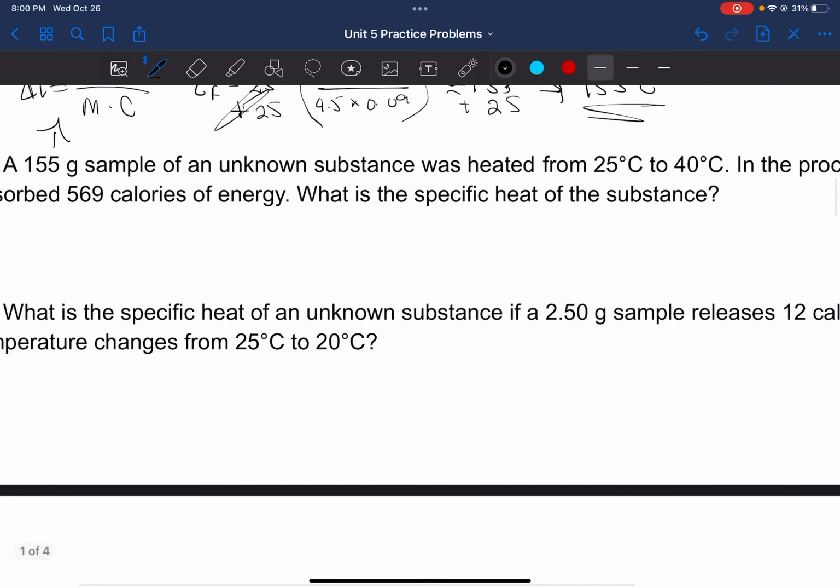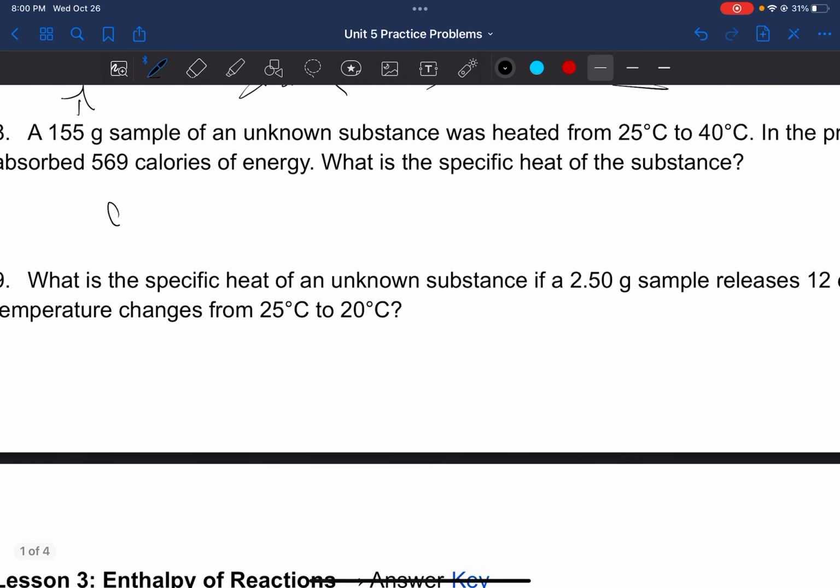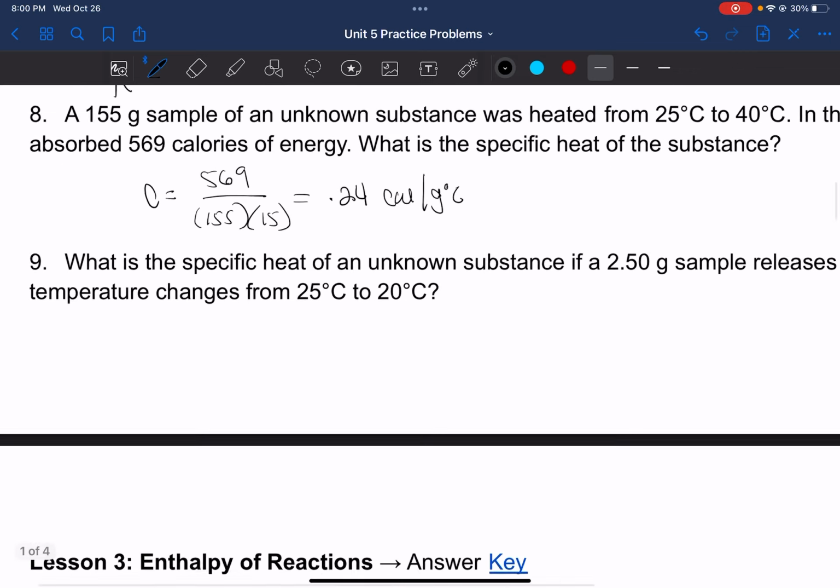Specific heat is C, so C equals 5569 over 155 times 15, which equals 0.24 calories per gram degree Celsius.